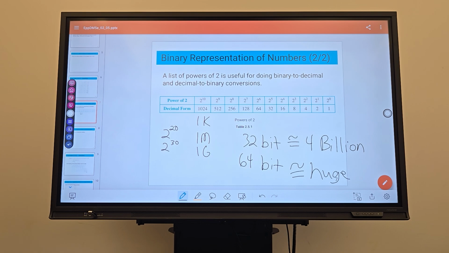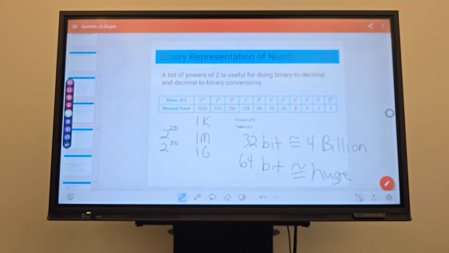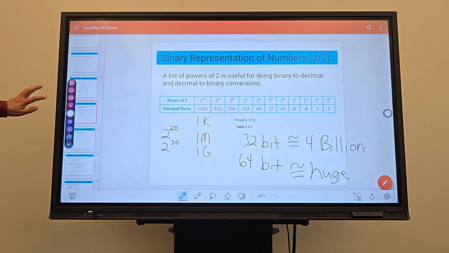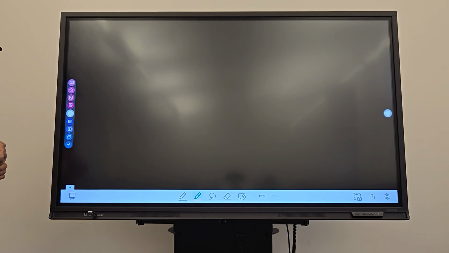So a lot of those addresses go unused. But yeah, not going to run out of memory anytime terribly soon. But memorizing the powers of 2 is helpful for things in computer science and computer engineering.